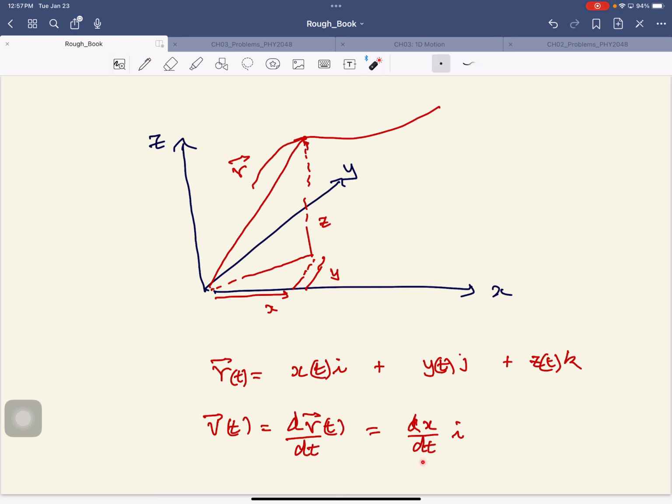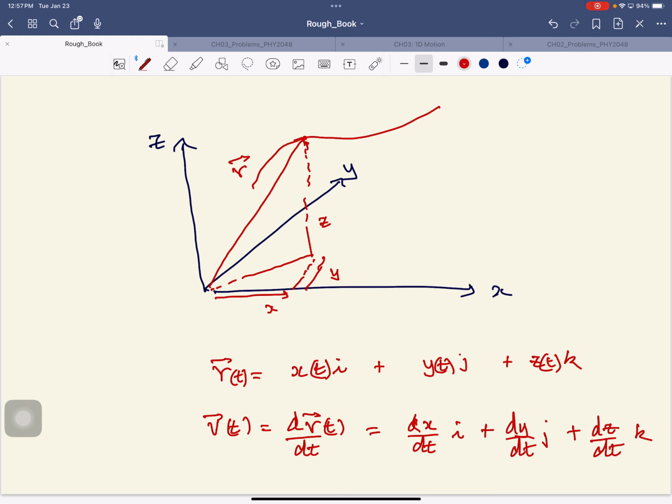This is the x component of the velocity. What term is next? Very good, dy by dt j plus dz over dt k. There you go, you have three-dimensional motion.